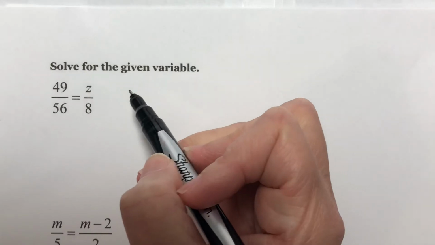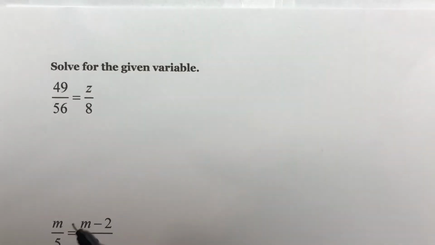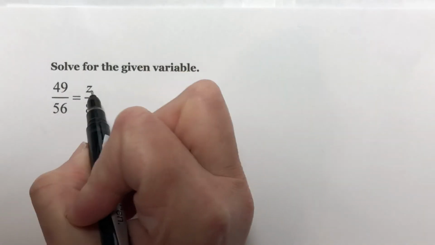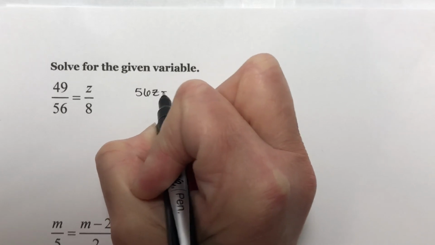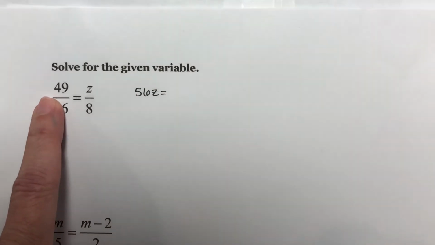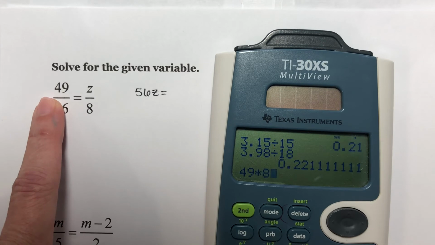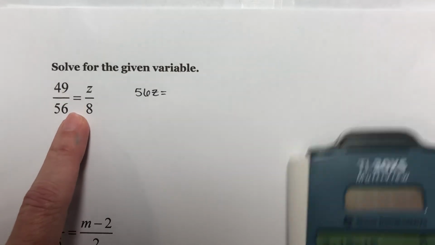I tend to like my variable on the left. If it's easy to do, I multiply so that my variable ends up on the left. So 56 times z, 56z equals 49 times 8, which is 392.